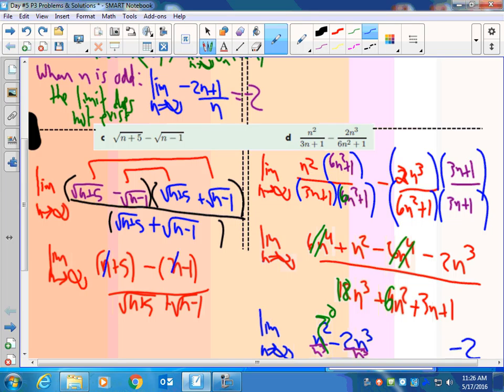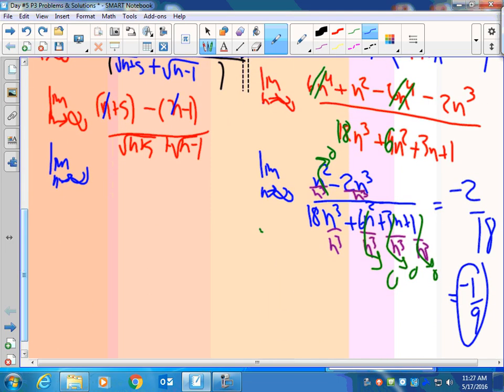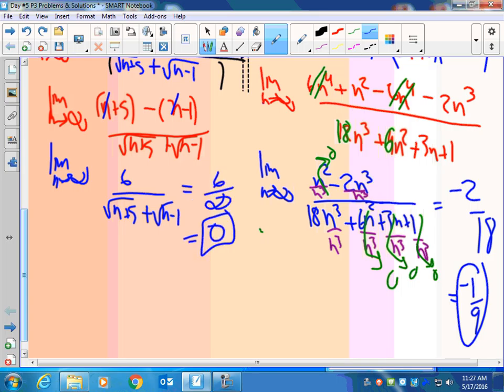N minus n. So you'll have the limit as n approaches infinity of 5 plus 1 is 6 over the square root of n plus 5 plus the square root of n minus 1. And when n goes to infinity, you get 6 over infinity, which is about what? 0. 6 over infinity, which is 0. 0 could be a horizontal asymptote.